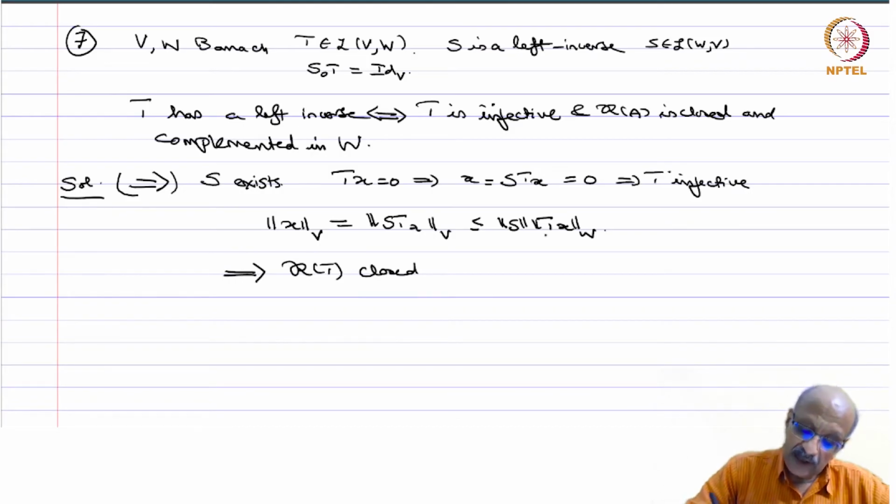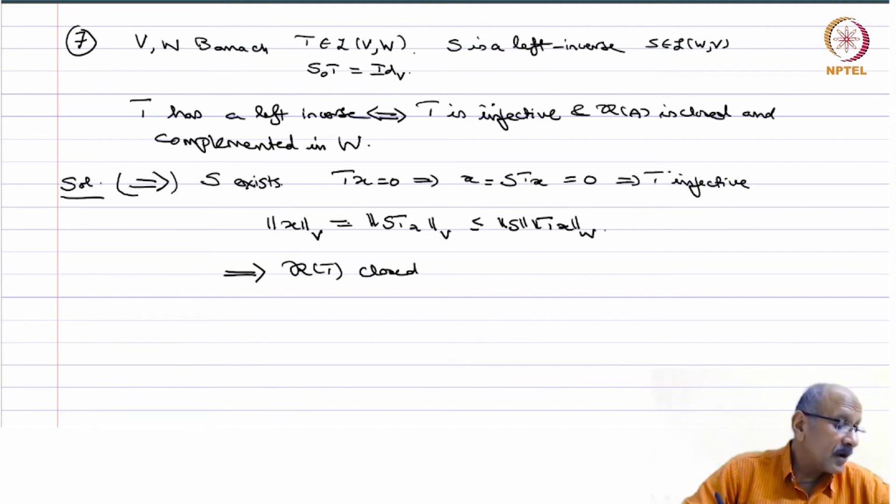Why: you take any sequence in the range of T which converges, that sequence is Cauchy here, which means xn is also Cauchy, and by continuity you will be able to complete the proof. Okay, so range of T is closed whenever you have bounded below. Okay, so that is automatic.